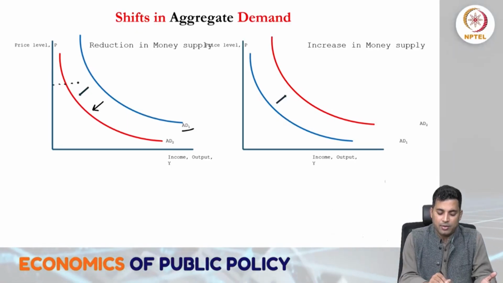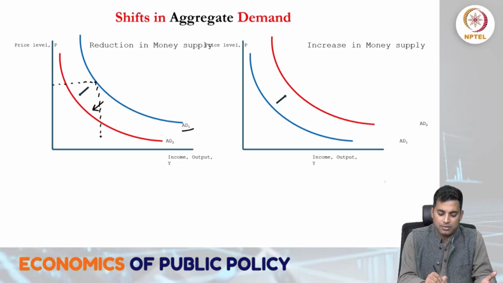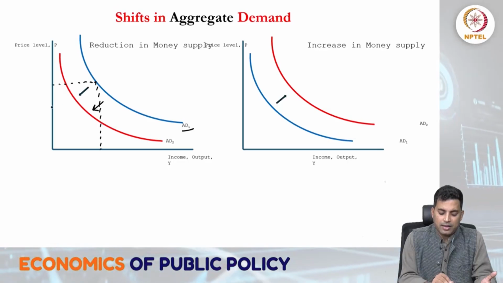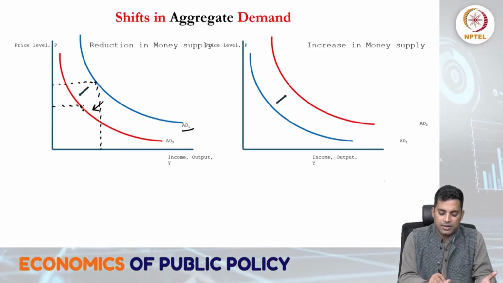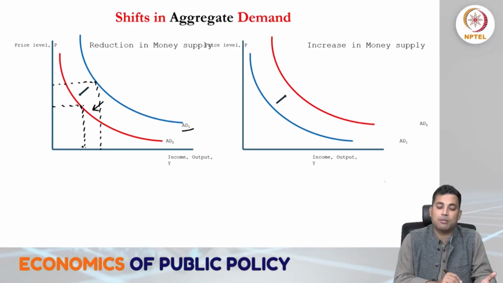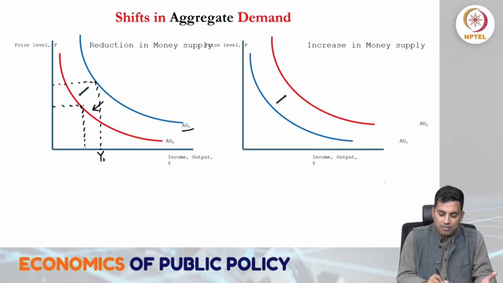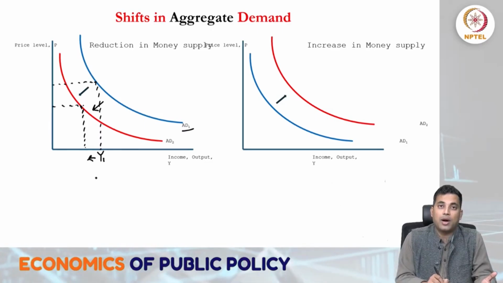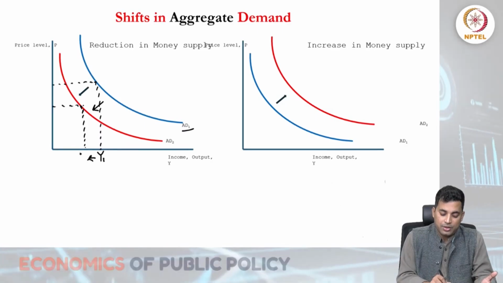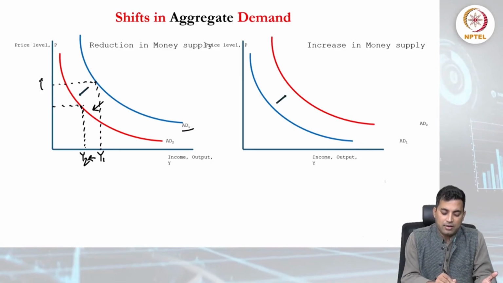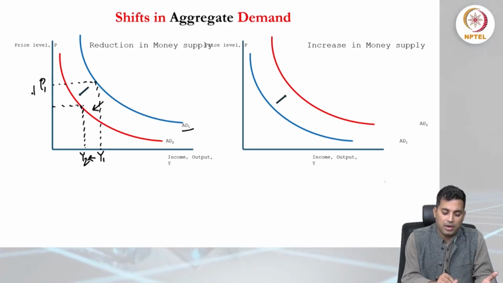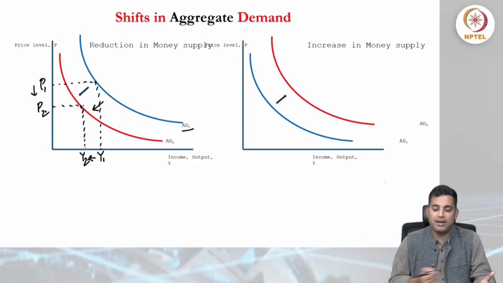After the reduction in the money supply, total income will move from Y1 to Y2, and the price level will also go down from P1 to P2.